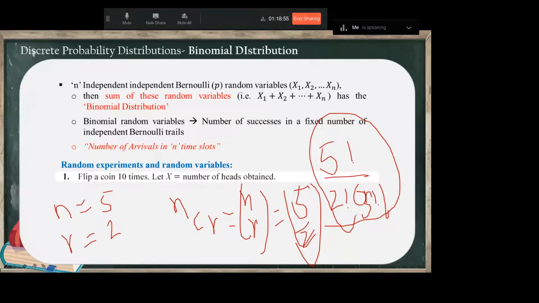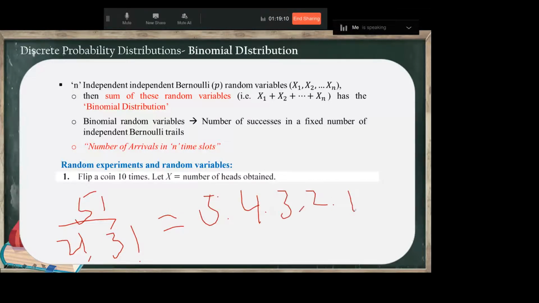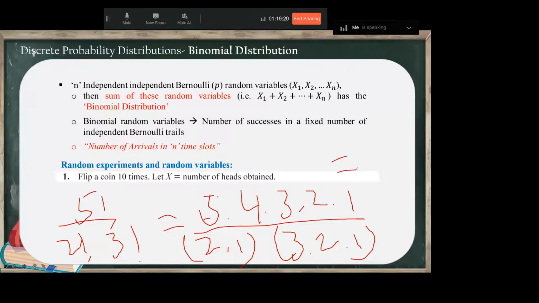So I can say 5 times 4 times 3 times 2 times 1 divided by 2 times 1 and 3 times 2 times 1, which is 120 divided by 12, which is equal to 10.